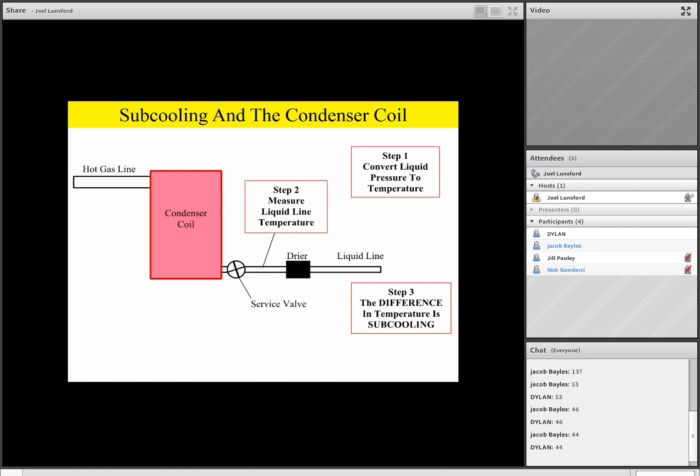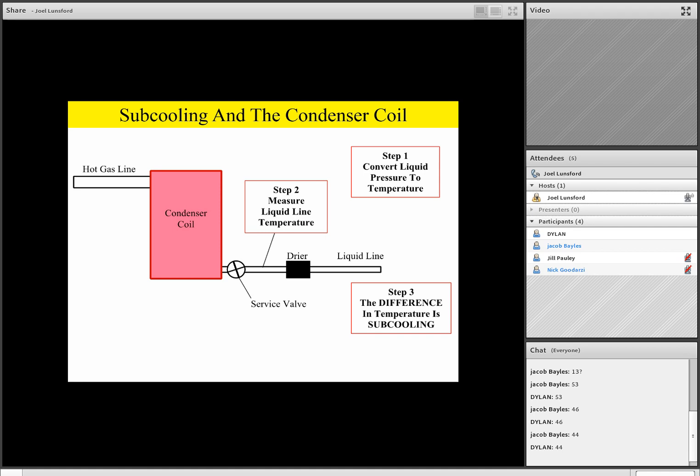So the condenser coil condition and the evaporator coil condition, high and low and normal and so on, are exactly opposite of each other. So on the condenser coil, if the subcooling is high, the condenser coil is flooded. If the subcooling is low on the condenser coil, the condenser is starved of liquid. It doesn't have enough liquid in there.